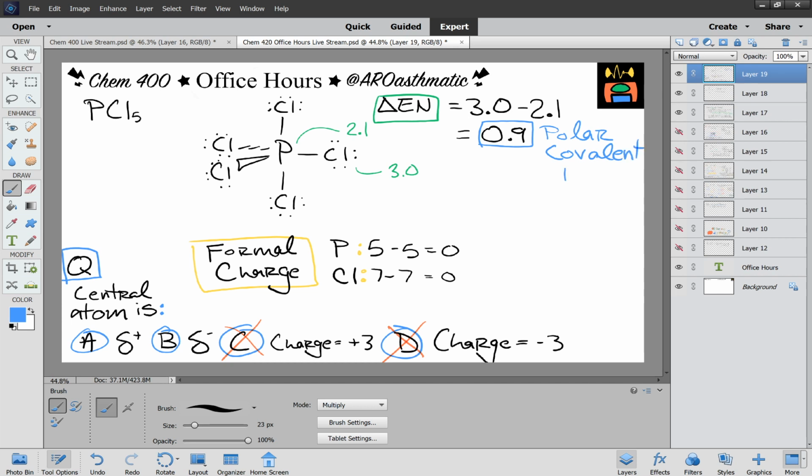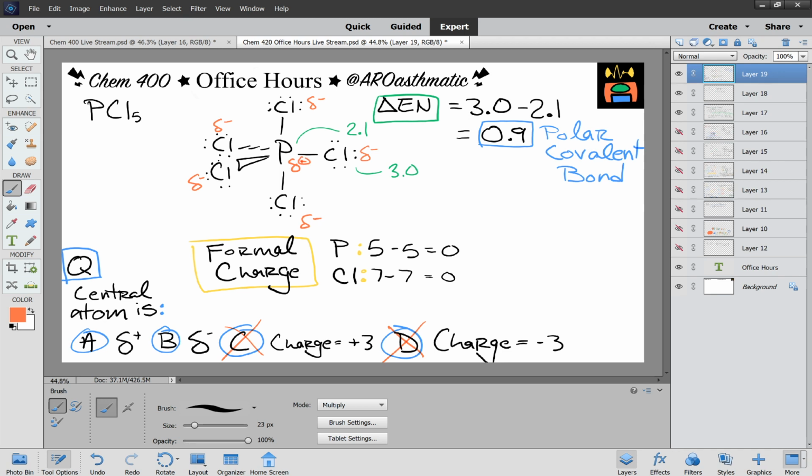So we're dealing with a polar covalent bond, which means that each chlorine here has a partial negative and our central phosphorus, because it's less electronegative, has a partial positive.